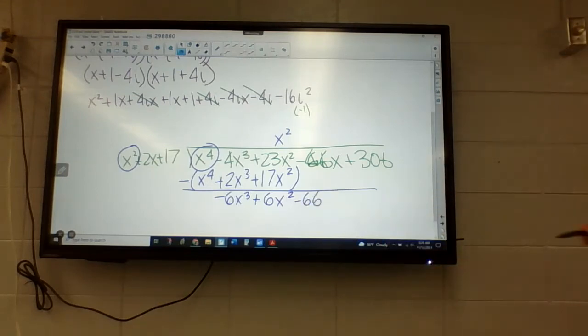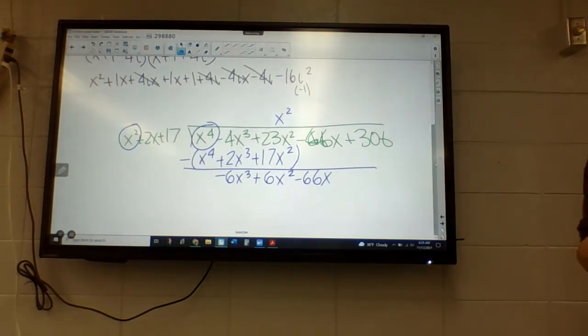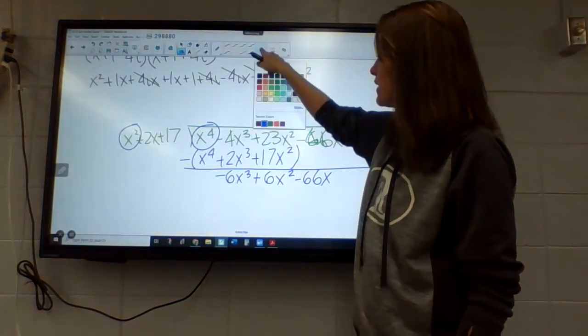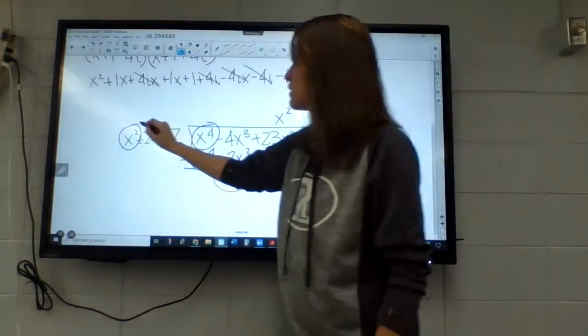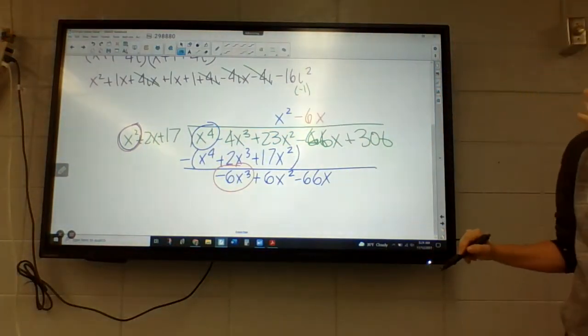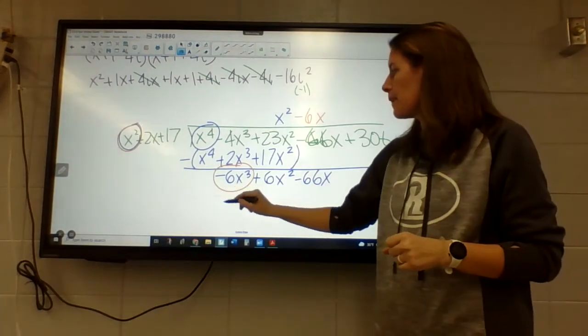That's what I have so far. So I'm going to divide again here. Multiply back.